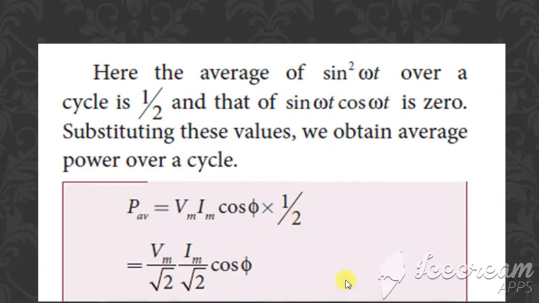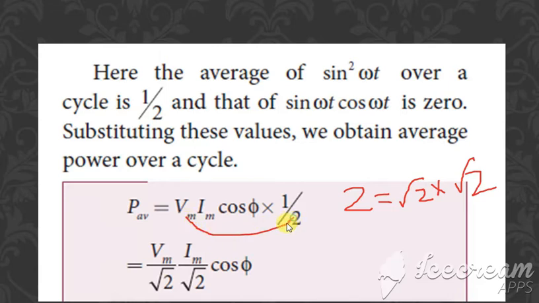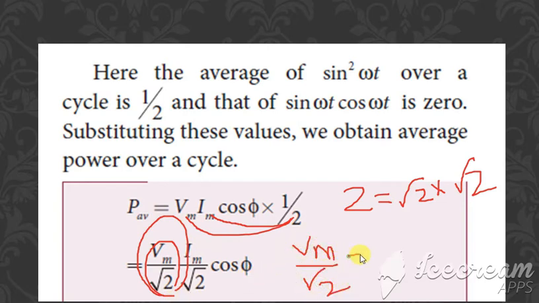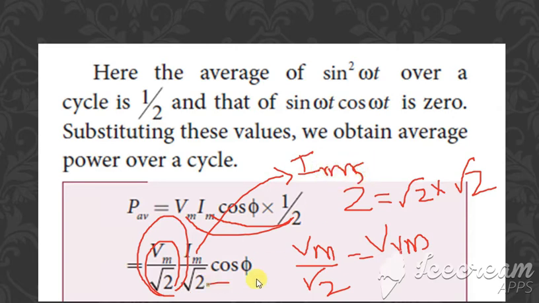Now how can you write this 2, as I have told you already? 2 can be written as root 2 into root 2. So this is written as Vm divided by root 2 and Im divided by root 2. Vm divided by root 2 can be written as Vrms, and Im divided by root 2 as Irms, into cos phi.